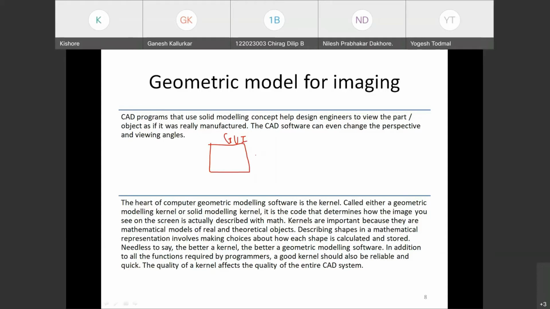Now behind that there is a kernel. Whatever you interact with, that interaction will be recorded in the kernel, and the kernel will have some function which will convert your interaction into zeros and ones, and this is stored in your memory.